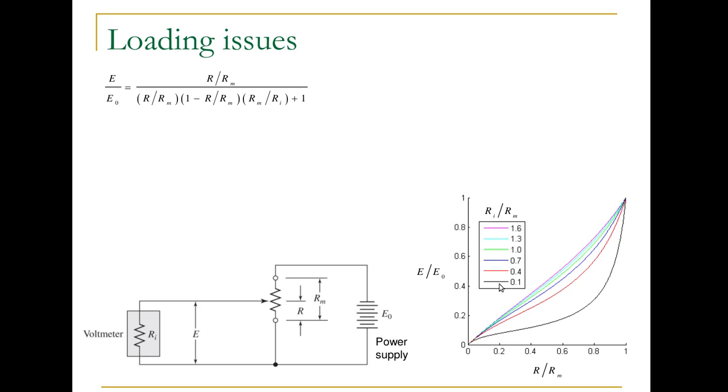Whenever Ri is small, it's highly nonlinear, and as Ri gets bigger and bigger, it becomes more linear. So we'd like to have a linear response. For example, if we're measuring voltage, we don't want to have really low sensitivity, where small or big changes make no difference in our measurement until all of a sudden small changes make a huge difference.